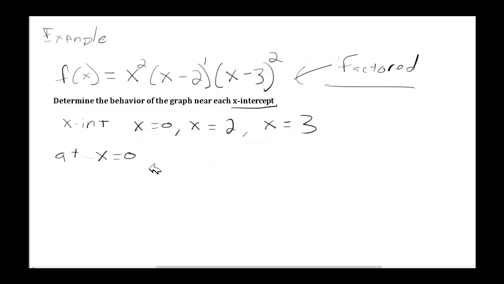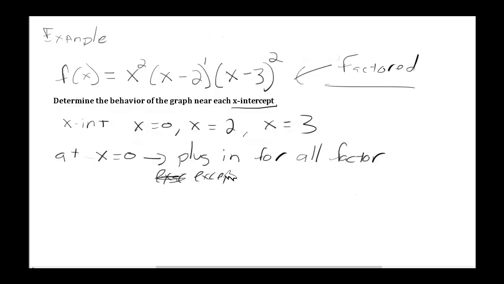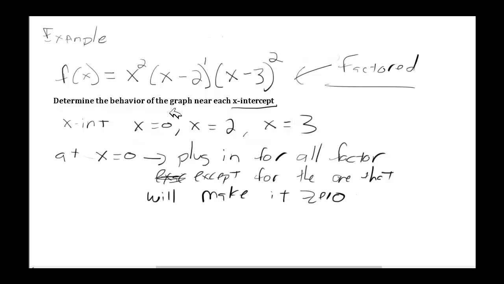To determine the behavior near each intercept, we plug this in for all factors except the one that makes it equal to 0. So except 0, for the one that will make it 0. So this causes it to be 0.